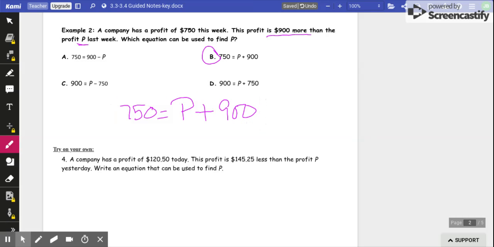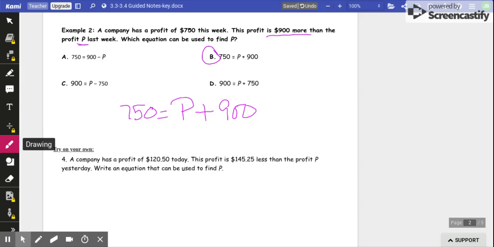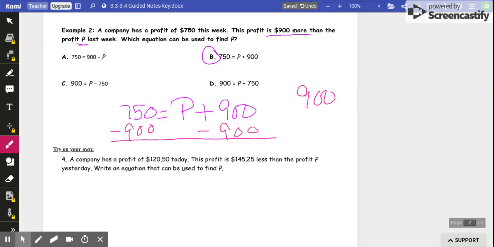Now, let's go ahead and solve this. We are going to try to get the letter P all by itself, so we are going to get rid of anything by the P. We want to isolate it, so we're going to subtract 900. 750 minus 900, we actually can't do that. So we have to take our larger value, 900, minus the 750.